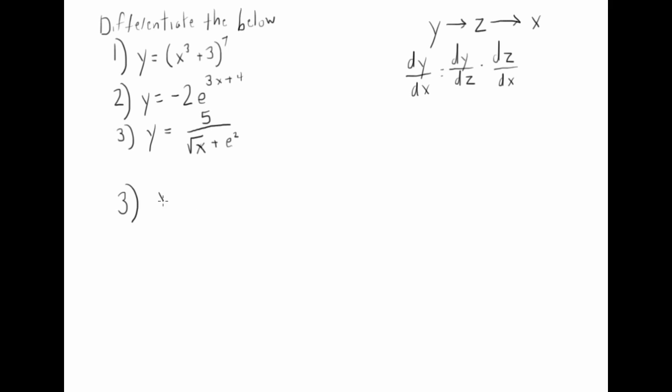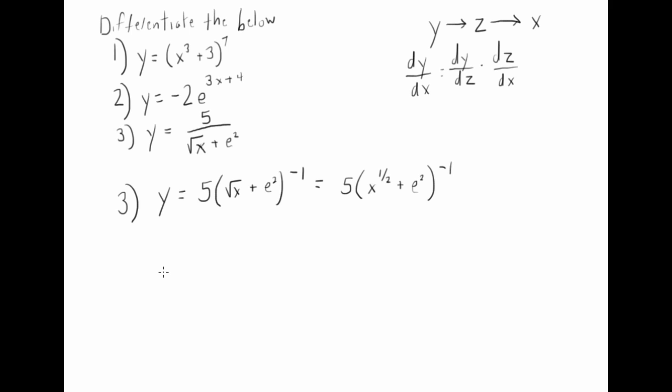So this is a lot easier to write as 5 times square root of x plus e squared to the negative 1 power. Makes it look a lot like number 1, in fact. And in fact, I'm going to do one more rewrite. 5 times x to the 1/2 plus e squared to the negative 1. Please note that I haven't taken any derivatives yet, okay? I'm not done with the problem.